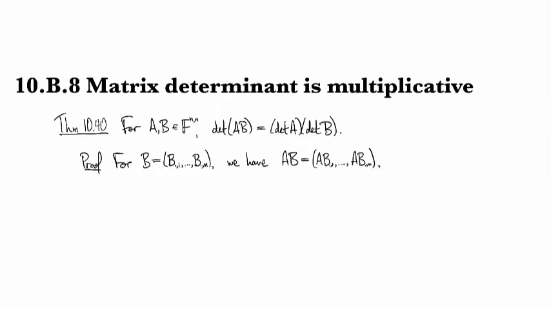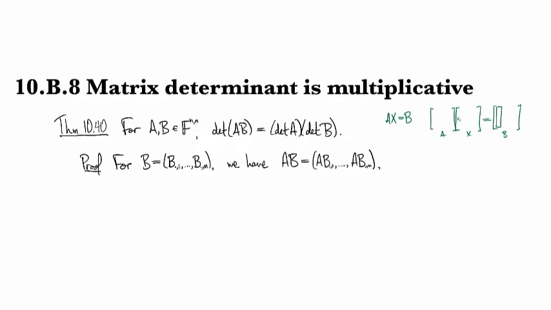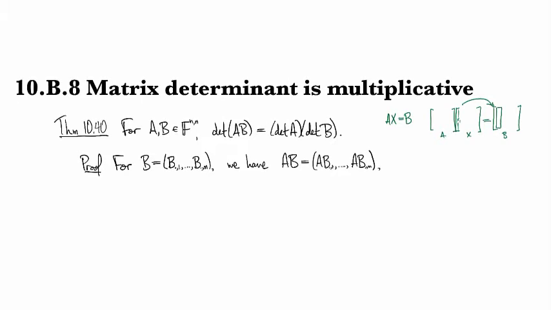This is probably something that you've no doubt seen. If we have A times X equals B, where these are all matrices, then when we're looking at the computation for the first column, x1, the first column vector, is the only part of X that factors in, because we do the first row times this column to get that entry, then the second row times the same column to get the next entry, and so on.